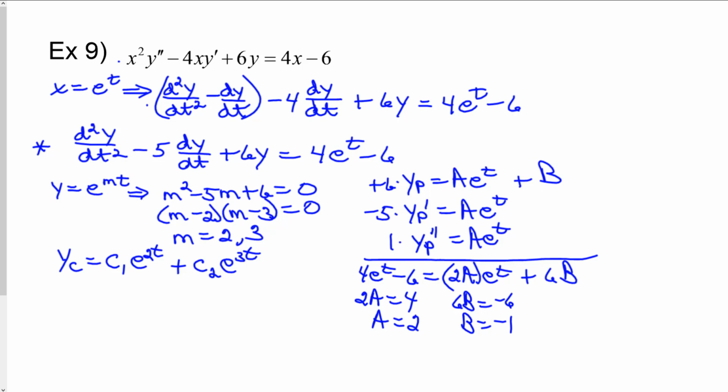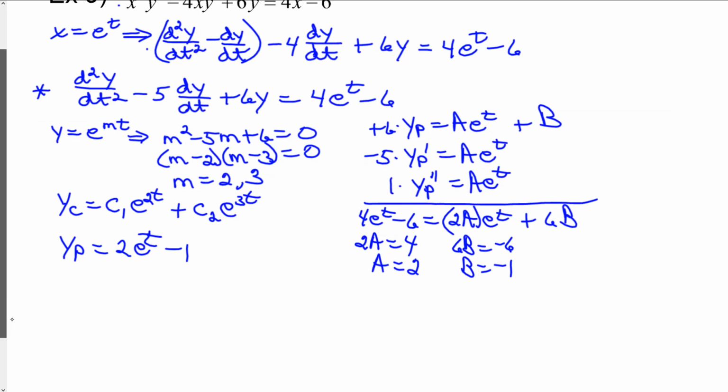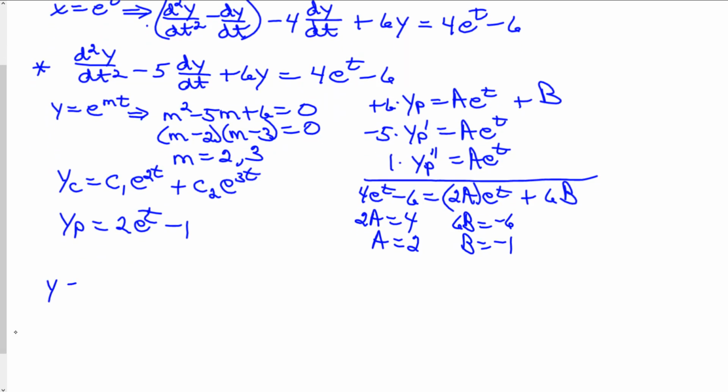And that means y sub p is 2 times e to the t plus negative 1, or minus 1. And then our general solution in terms of t here is just y equals c1 e to the 2t plus c sub 2 e to the 3t plus the y sub p, 2 e to the t minus 1.